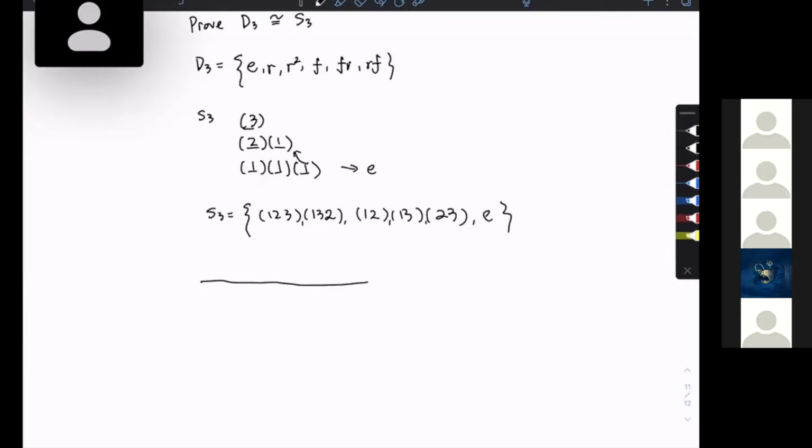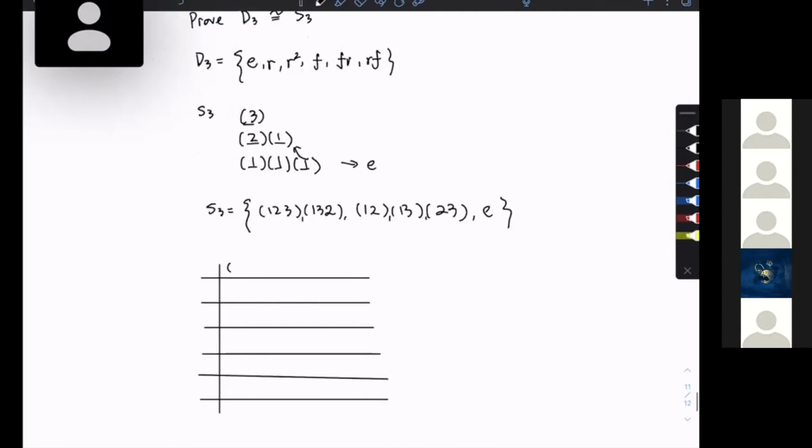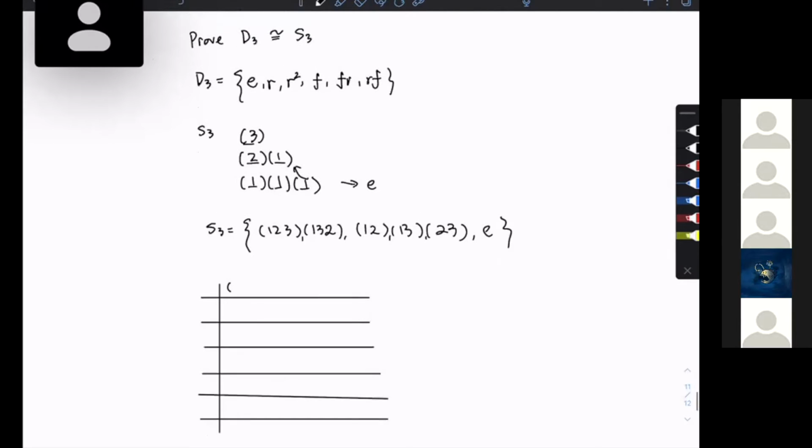So for S3, the Cayley table looks like this. We populate the columns and the rows with the elements and try to find the product of them. So the Cayley table can be finished.